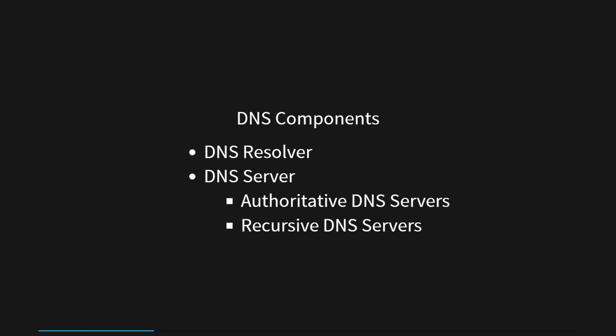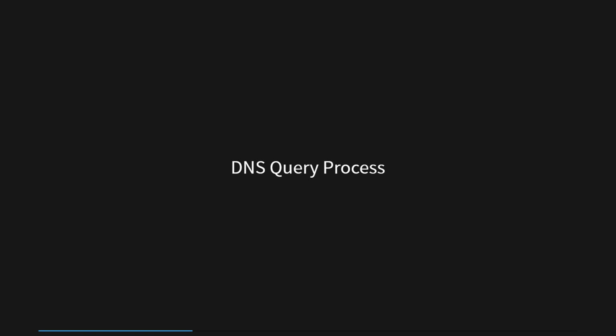If a recursive server doesn't have the answer cached, it will tirelessly traverse the DNS hierarchy until it locates the authoritative DNS server for the domain in question. Together, these DNS components ensure smooth and efficient communication on the Internet, allowing users to access websites and services with ease. Let's dive into how DNS works in a step-by-step process.